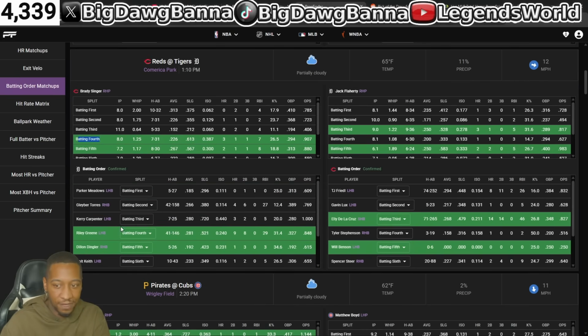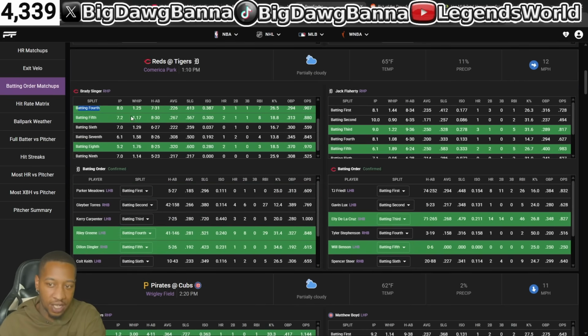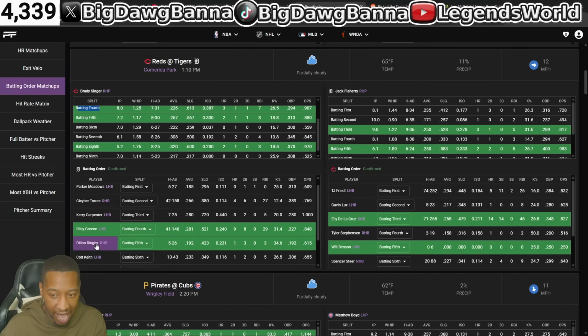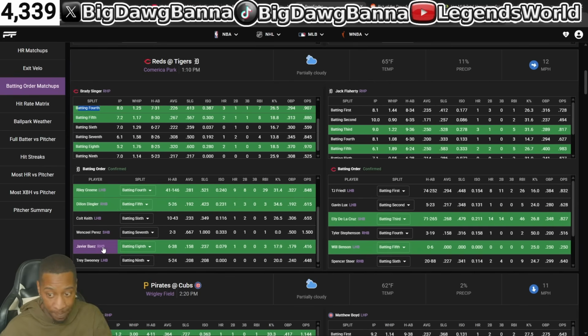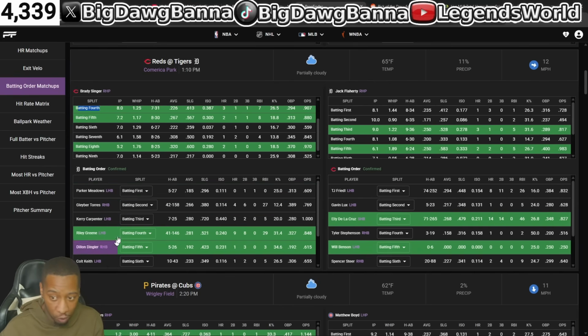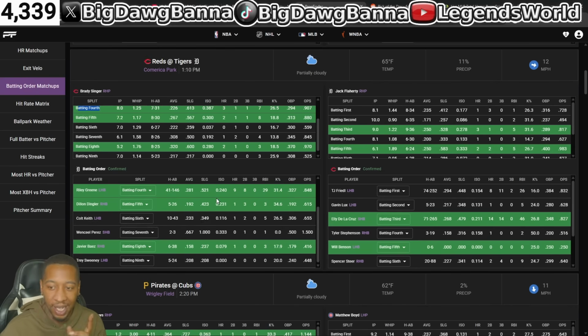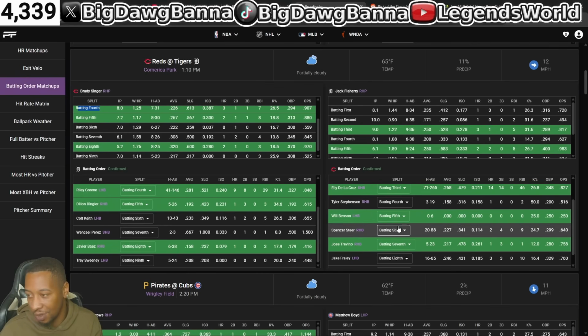Once the lineup is confirmed, it knows that Singer has a 4th, 5th, and 8th spot weakness. So guess what it did? 4, 5, and 8. It's lit up in the batting order, they're in their exact batting order, and it tells you what their stats look like where they're batting today. Unless you see somebody, sometimes it'll say a different one.